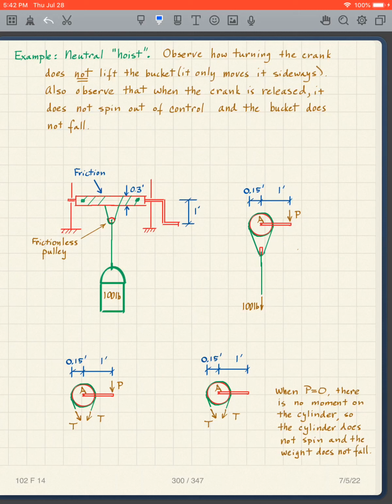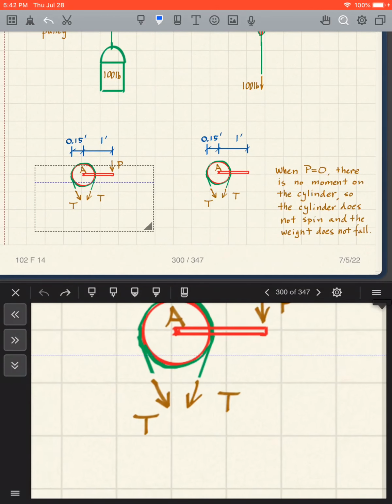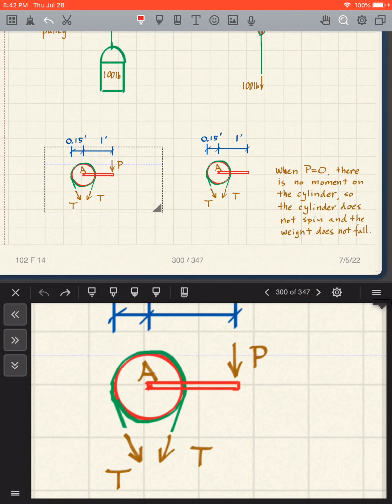But if I look at this free body diagram here, and I make a cut through the cable up here, I should show the AY and AX here, because we have to make a cut through that. So I still have my AY and AX.